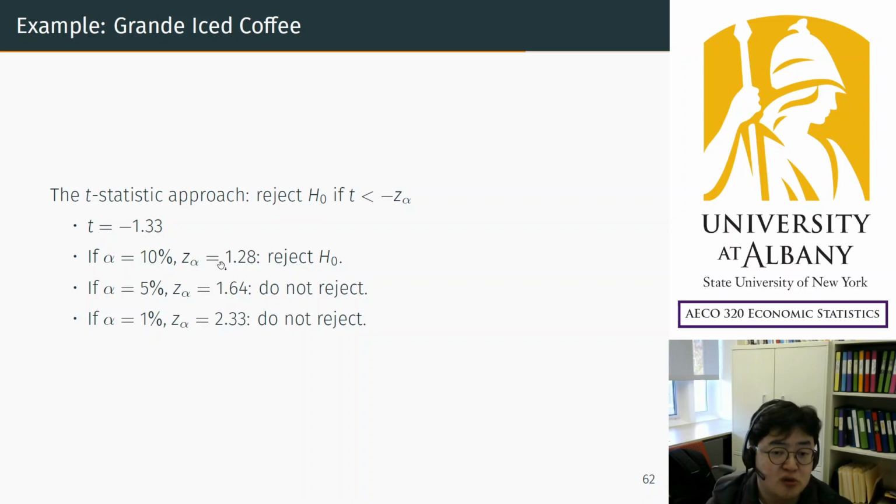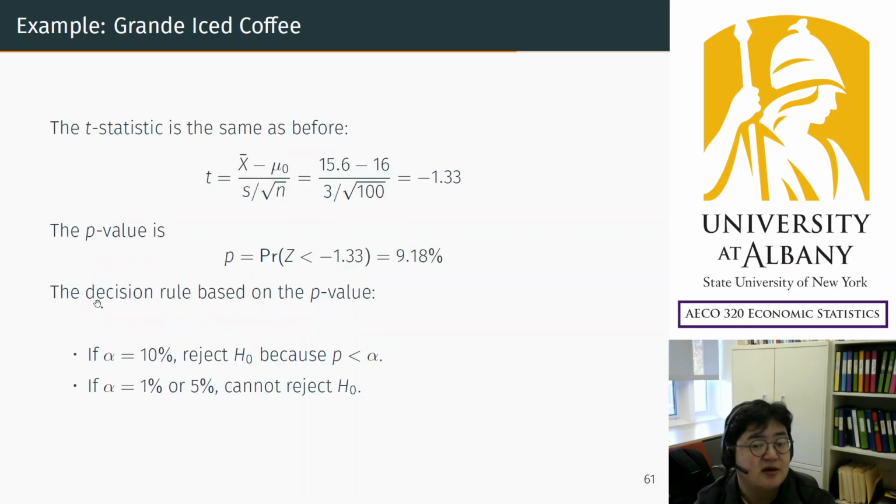But at 5% or 1%, the threshold is further away from zero than your t-statistic. So the t-statistic is close enough to 0, so you don't reject the null hypothesis. So the decisions are consistent with the p-value approach.